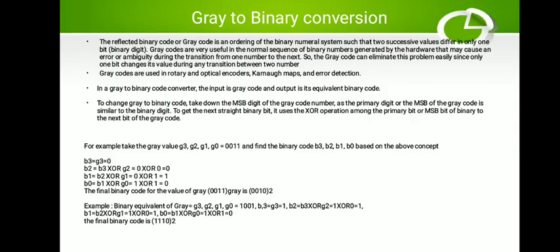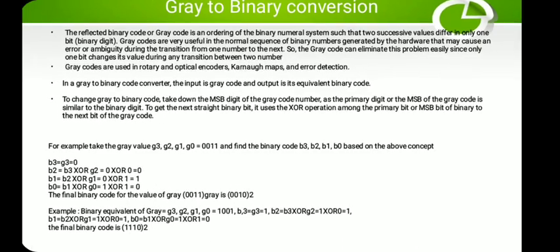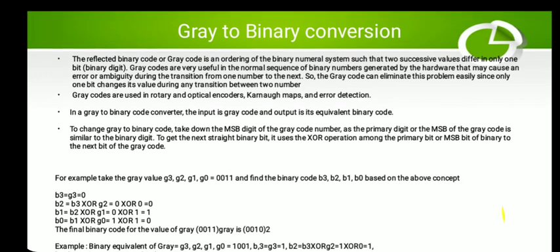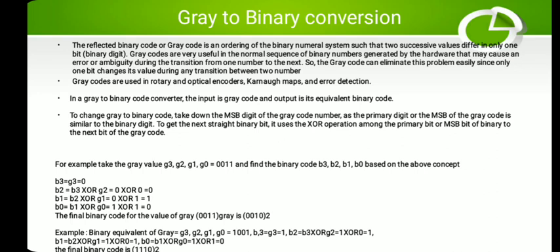How do you carry out gray to binary conversion? This type of code is also called the unit distance code, and the use of gray code is very popular in digital systems in the implementation of logic circuits. It is used in the K-map, Karnaugh map, which we are going to see in the next unit. Gray code helps in designing a K-map, which is used for simplification of logic circuits.